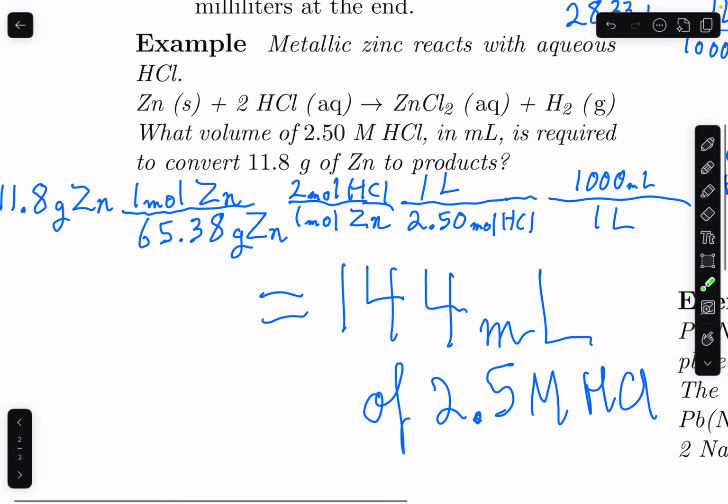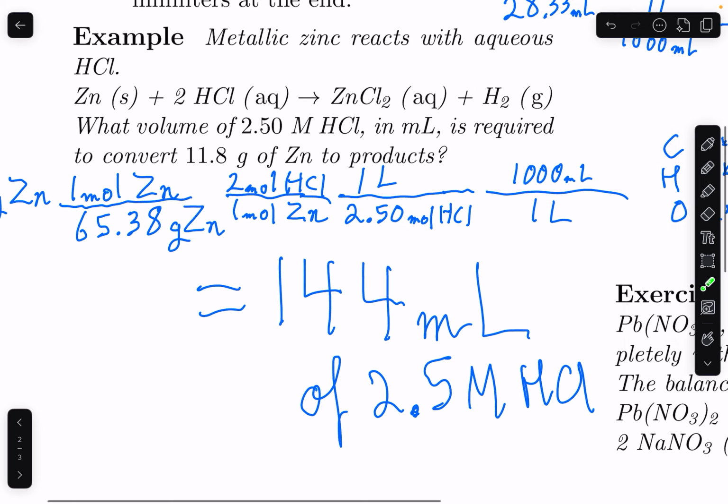So this question gives us the balanced chemical equation for metallic zinc reacts with aqueous hydrochloric acid. It wants to know what volume of this concentrated hydrochloric acid in milliliters is required to convert 11.8 grams of zinc to products.